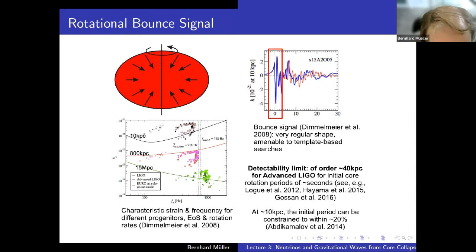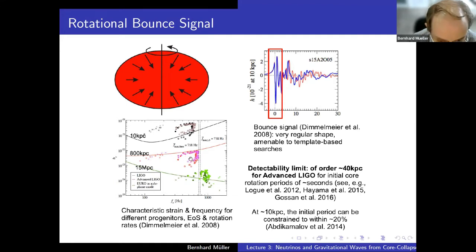The ones with a slightly different color here are different equations of state, compared to the sensitivity curves of LIGO, advanced LIGO, and the Euro detector, which people actually discussed at the time. I think, I don't recall, but that might later have turned into the plans for the Einstein Telescope. I don't know, I'm not the expert on this. Maybe someone in the room can say what actually became of Euro.